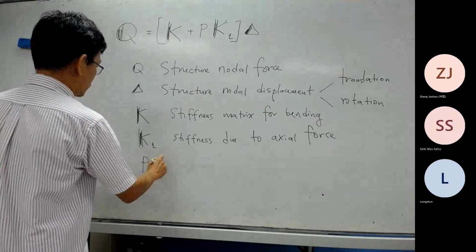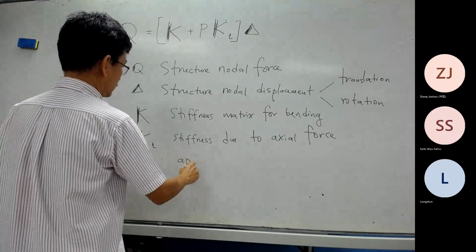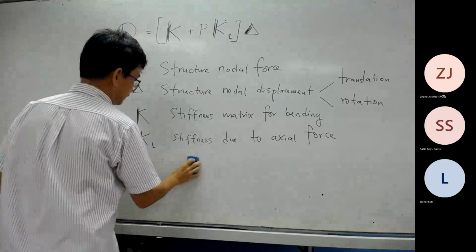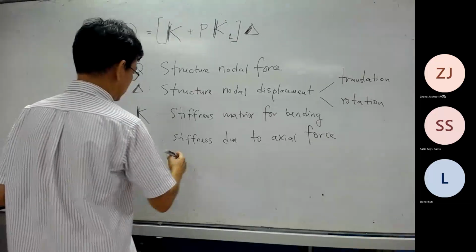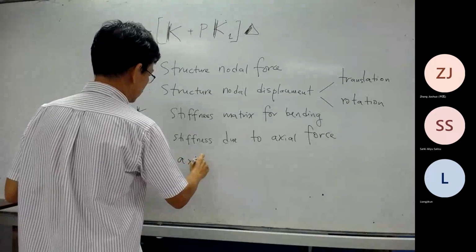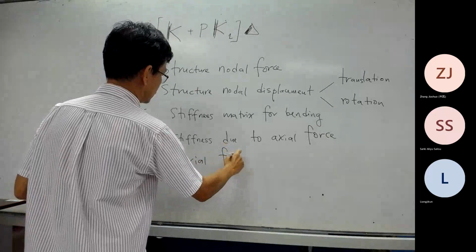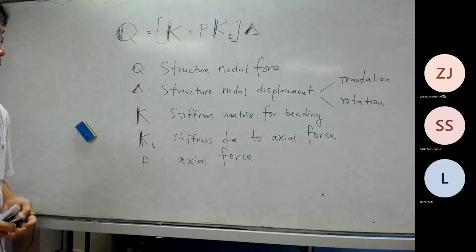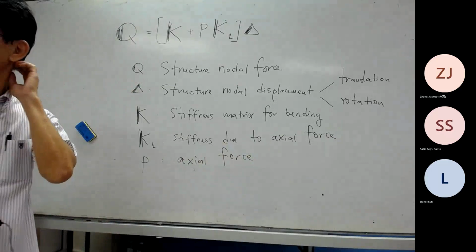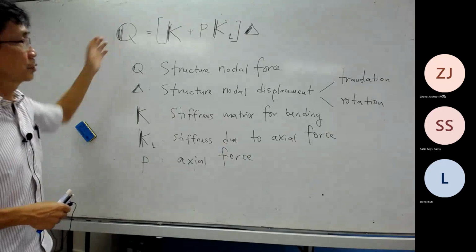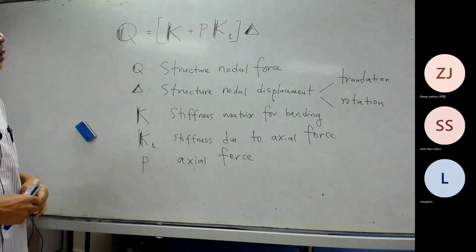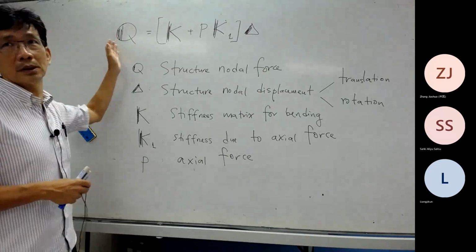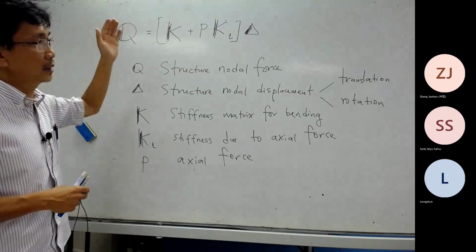And the P, of course, is the applied axial force. So this is the basis of equations that we are going to use. And our main purpose is to use these equations to get the P critical.